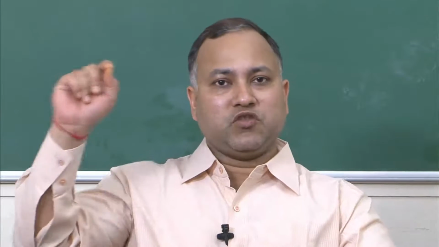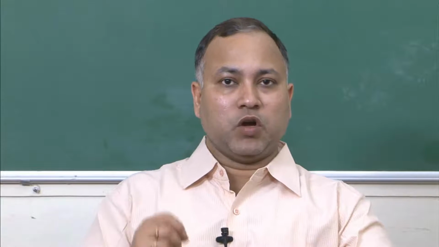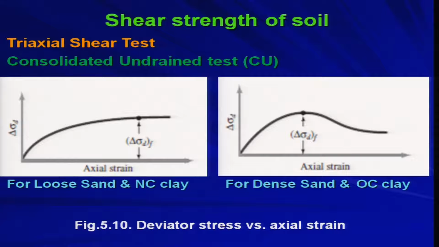As you gradually increase delta sigma d, that means as you are shearing the specimen, your axial strain will also increase. As already discussed, loose sand and normally consolidated clay will behave in a very similar fashion, whereas dense sand and over consolidated clay will also behave in a very similar fashion, right.